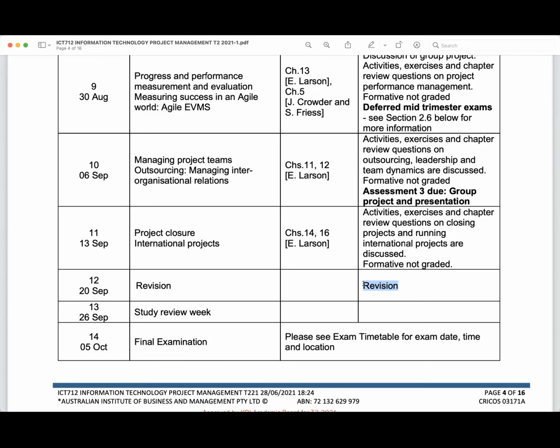Now, there is a potential for people to fail, and there's a potential for people not to fail. A few people, I gave them a bit of a push to help them pass the subject. They were on the borderline. But these people who were on the borderline are people who did not engage in the course, didn't do what they were expected to do.